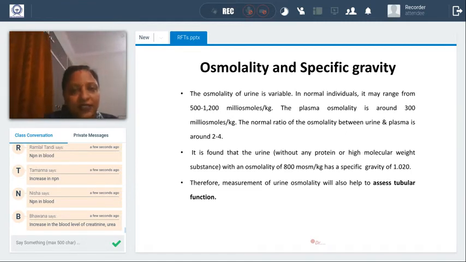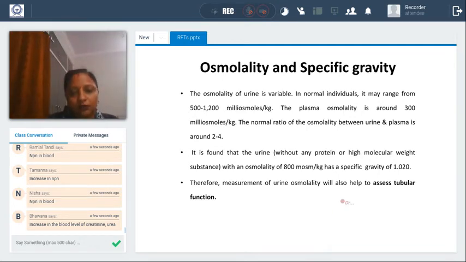What is osmolality and specific gravity? The osmolality of urine is variable. In humans, it may range from 500 to 1200 milliosmoles. You all know about osmoles. We have studied in the practical class. The plasma osmolality is around 300 milliosmoles per kg. So the ratio of osmolality between urine and plasma is around 2 to 4. It is found that urine with an osmolality of 800 milliosmoles per kg has a specific gravity of 1.020.